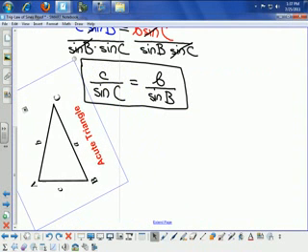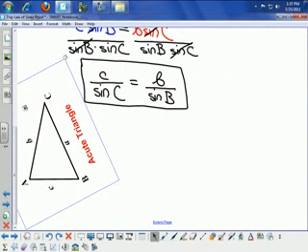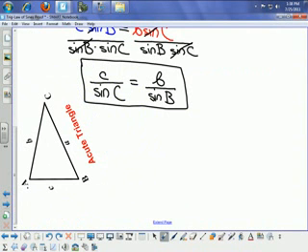So all the letters, it's the exact same triangle, and we have A, B, C. Exact same triangle, they're in the exact same spots. All we did was rotate the triangle.